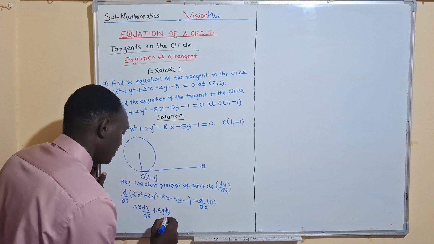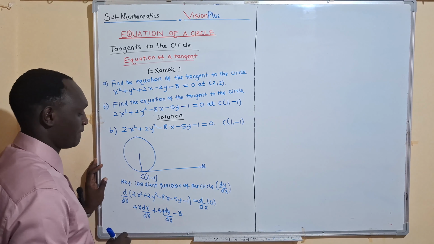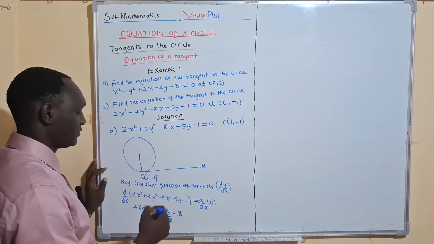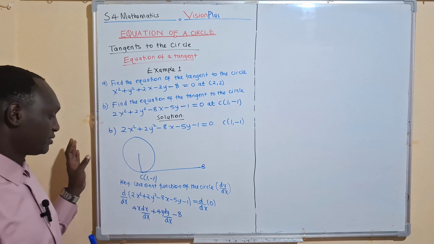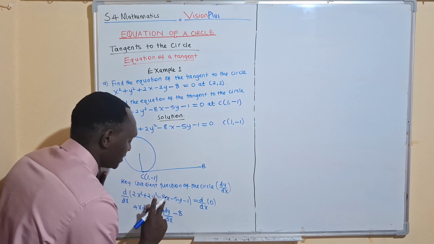How about when we differentiate negative 8x, we shall get negative 8. The x will disappear, okay, when you are differentiating. If you don't know differentiation, please go and watch our list of videos. So we have differentiated negative 8x gives us negative 8.